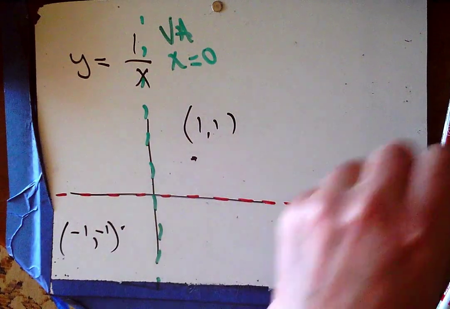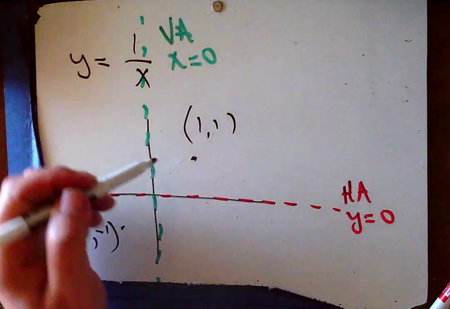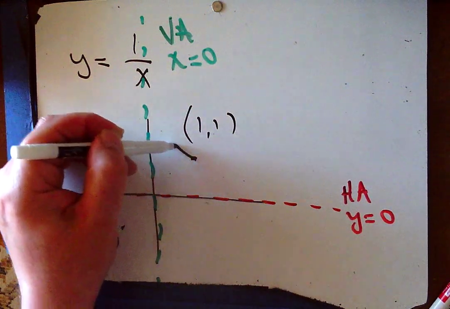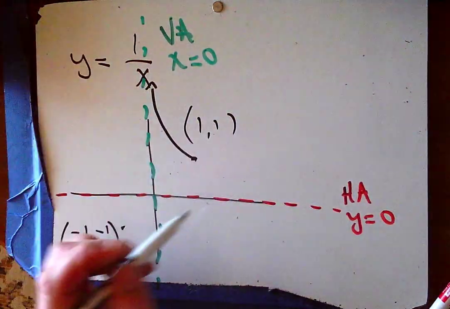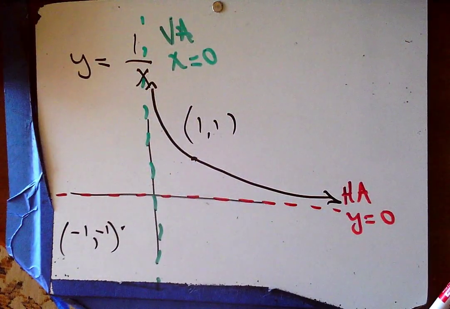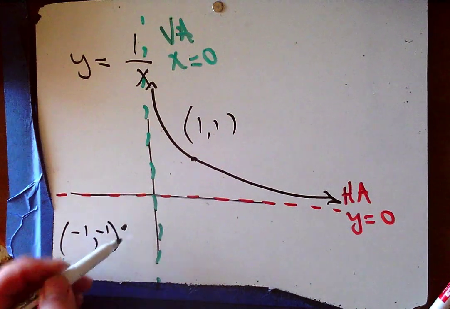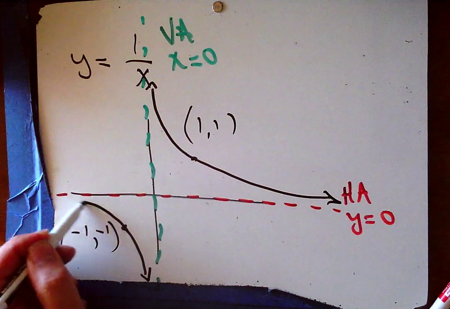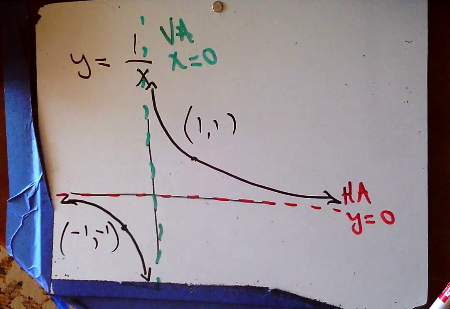Now, these asymptotes are what the function bends to. They're like gravity sources, and so we bend to that asymptote, and we bend to that asymptote. And the same thing happens over here in third quadrant. We bend to that asymptote, and we bend to that asymptote.